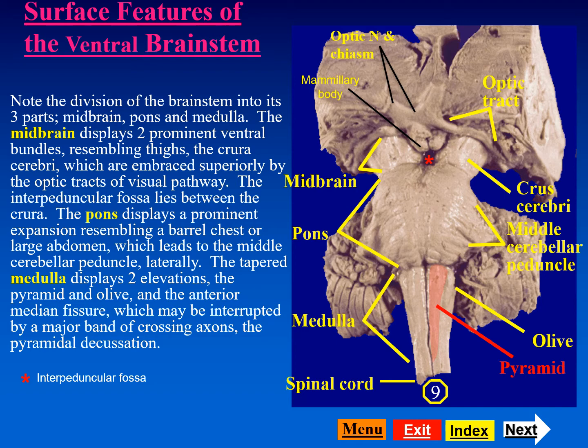The pyramid, this elongated elevation, is due to an underlying bundle of fibers known as the corticospinal tract, and then the olive is due to an underlying nucleus, the inferior olivary nucleus. The anterior median fissure, as we follow that down, deviates off to one side slightly, and that's usually an indication where a large group of nerve fibers of the corticospinal tract decussate. And this is known as the pyramidal decussation at that point.